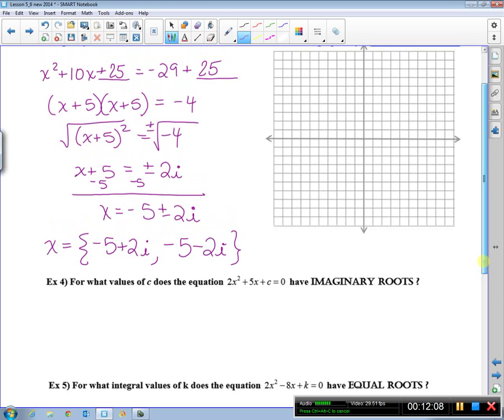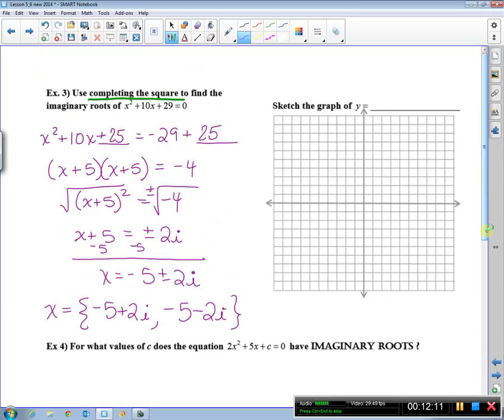So what's our parabola going to look like? You should be able to tell me all sorts of things about it. I can figure out the axis of symmetry. I could figure out the vertex. Let's go ahead and look.